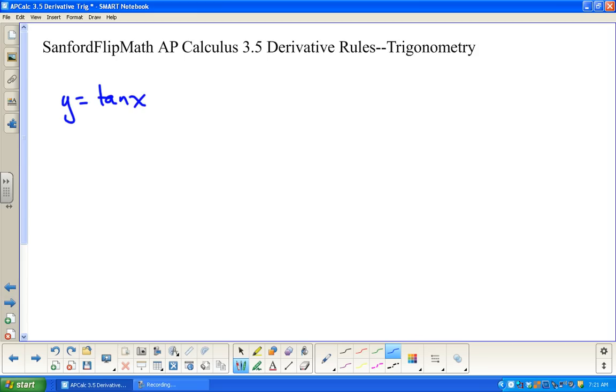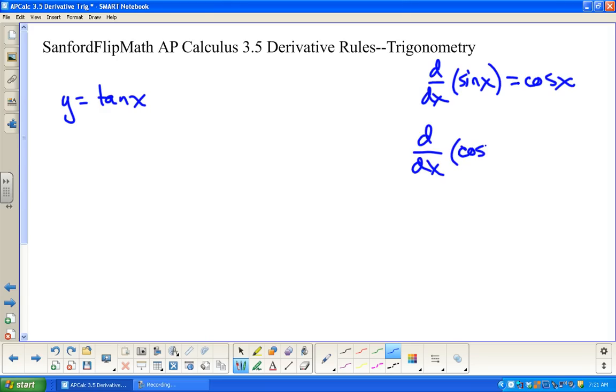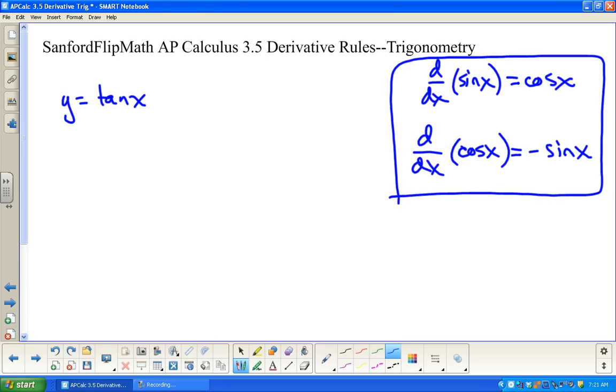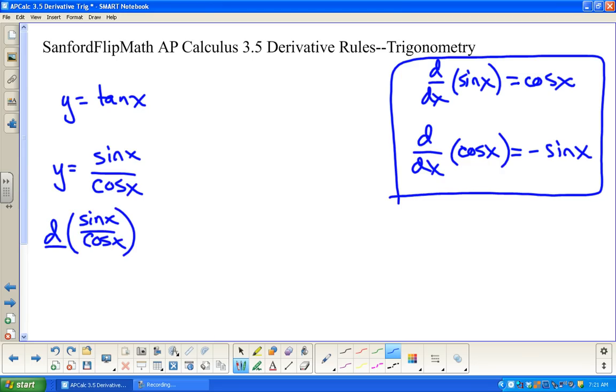And just a reminder that the derivative of sine x is cosine. The derivative of cosine is negative, or the opposite of sine. We need to remember that, because tangent itself is sine over cosine, so we're going to take the derivative of sine over cosine with respect to x.